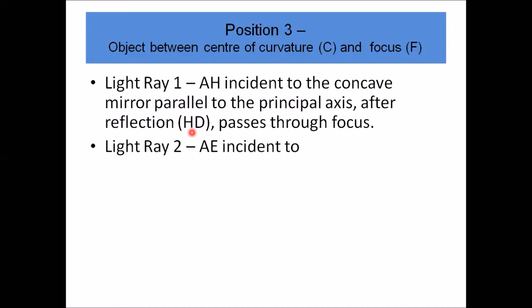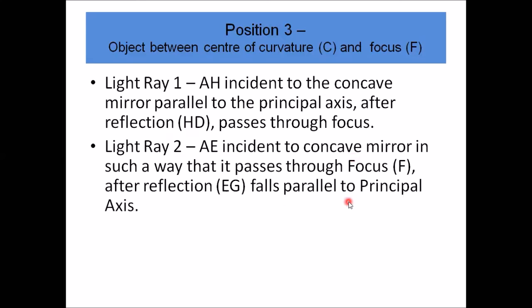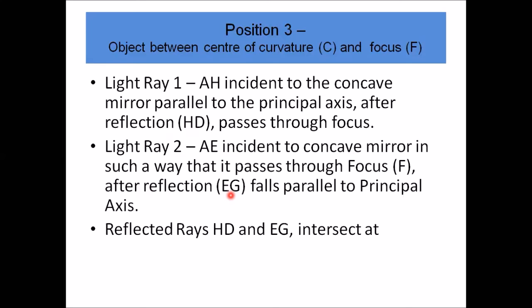Light ray 2, incident ray AE, falls on the concave mirror passing through the focus. After reflection it goes parallel to the principal axis, and the reflected ray was EG. The two reflected rays intersected at point A dash, making the image A dash B dash.